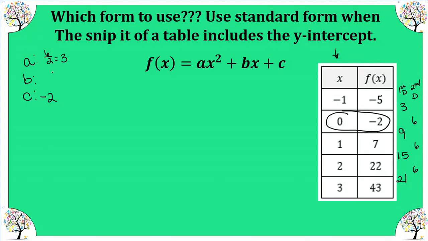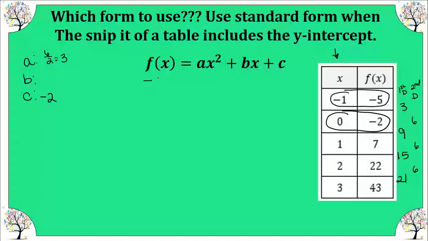only. Now we are going to find the B value by choosing an ordered pair, and I'm not going to choose the y-intercept. So let's just choose -1, -5.